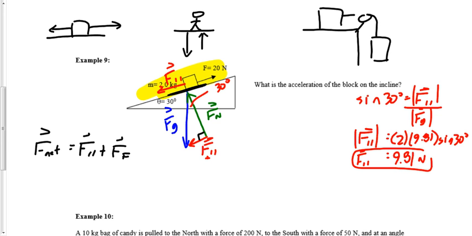How is it that I can arbitrarily not count the normal force and force of gravity? They don't cancel here, right? They do not cancel. How is it that I don't have to count gravity and the normal force when I'm adding these forces together, F parallel plus FF? That's a bit of a trick question too. Scott?